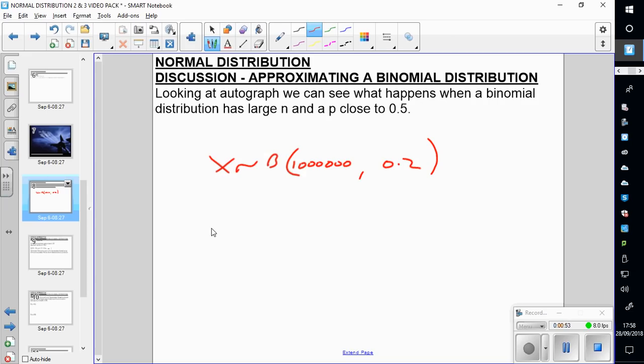It used to be that we used tables. Remember, this is your n and this is your p. n only went up to 50, so we would have to switch and convert.